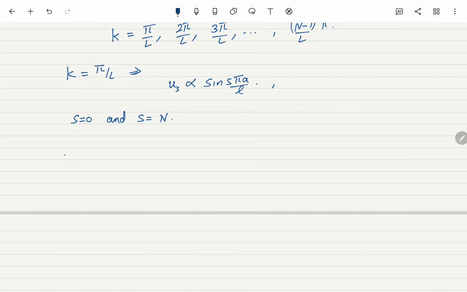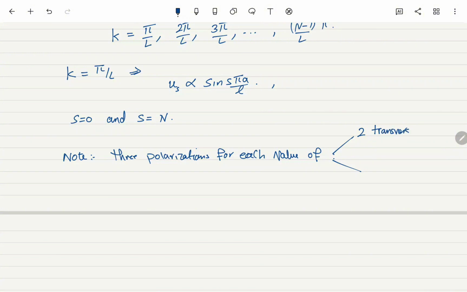In this case here, note 3 polarizations for each value of k. Now out of 3, 2 of them are transverse and 1 is longitudinal.